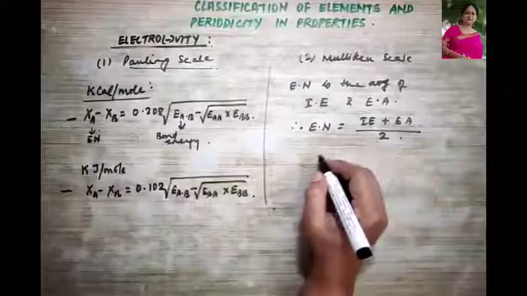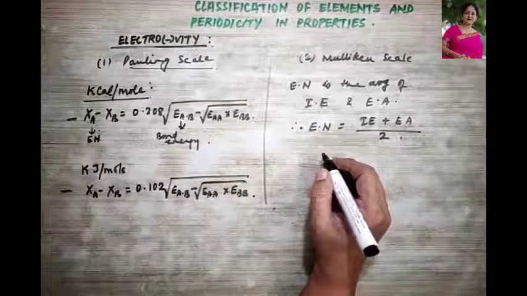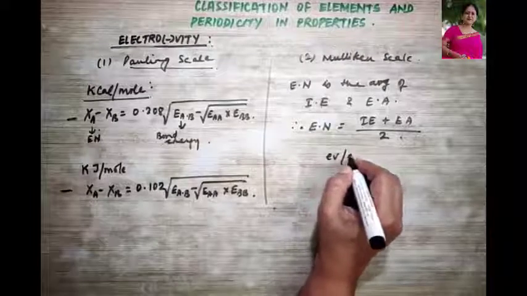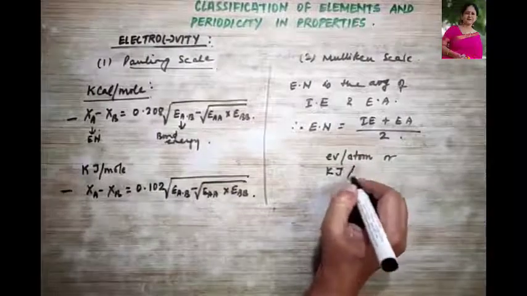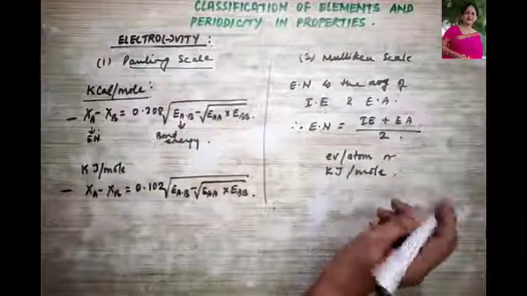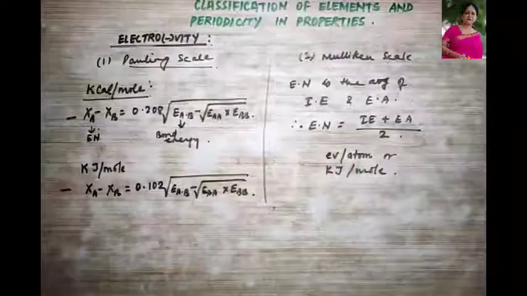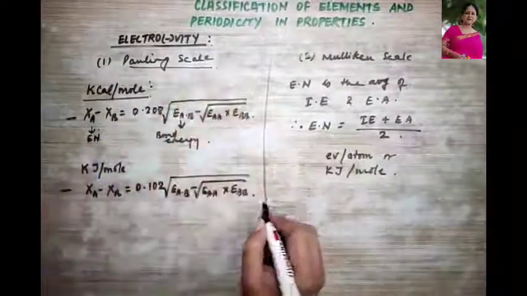And what will be the unit over here? Unit will be electron volt per atom or kilojoules per mole. Okay, so this is all what we need to study in electronegativity.